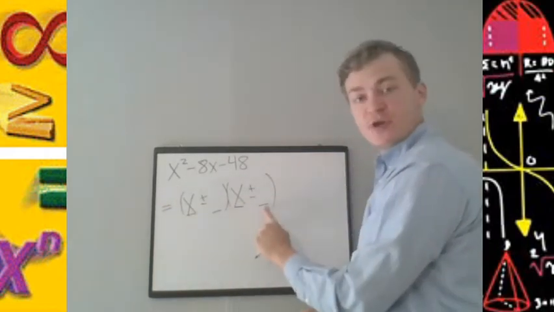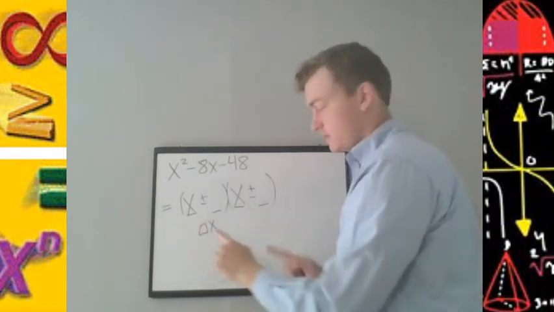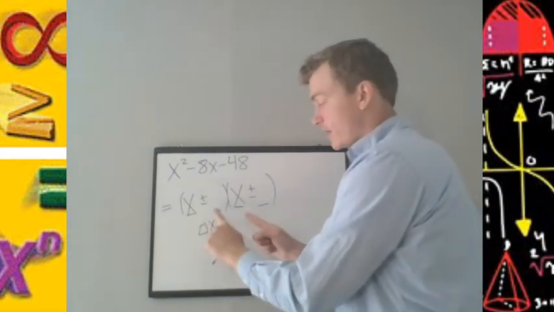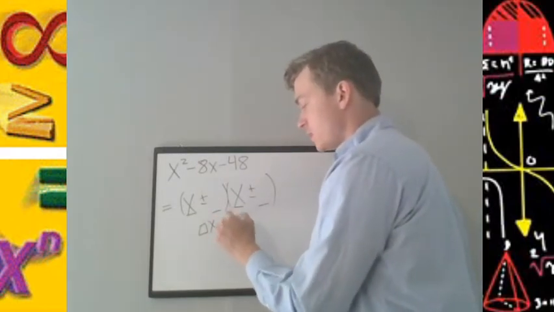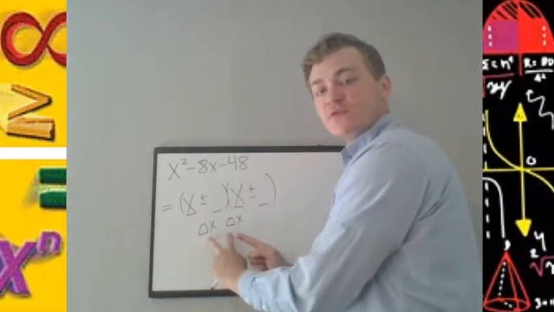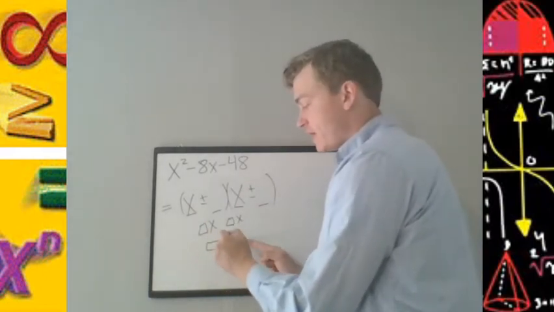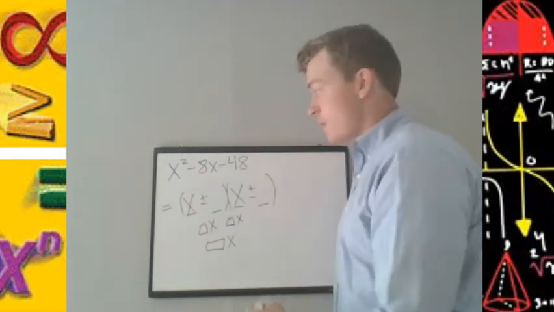All right, so we have an idea that x times x is x squared. X times some number is some number times x, right? And then our inner product will be some number times x. We will have our inner product and outer product be like terms for which we will then combine down to one single term, and that will be the minus 8x.